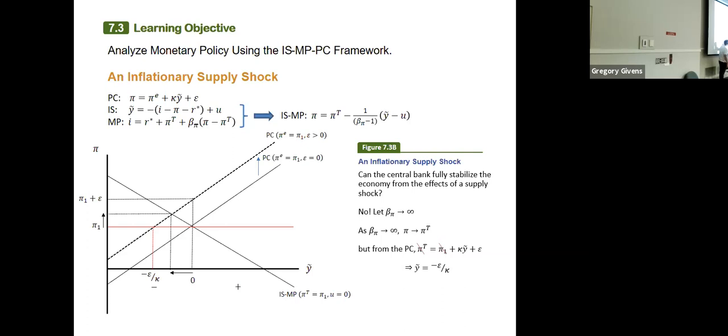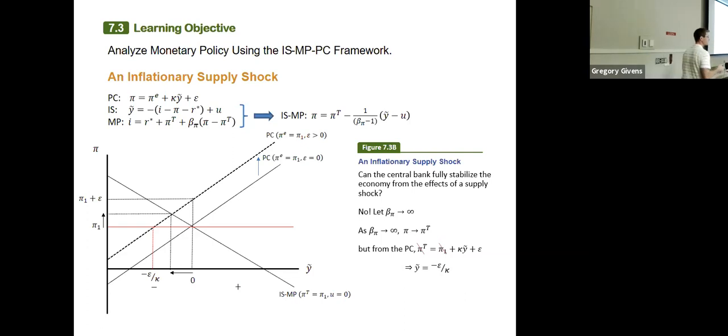The output gap would be pinned at 0, but you would have inflation being higher by the size of the shock. So in response to supply shocks, the Fed faces a trade-off between stabilizing the output gap and inflation, right? And that trade-off is embedded in the Phillips curve, okay? That's one key distinction between those two examples that I wanted you to understand there.